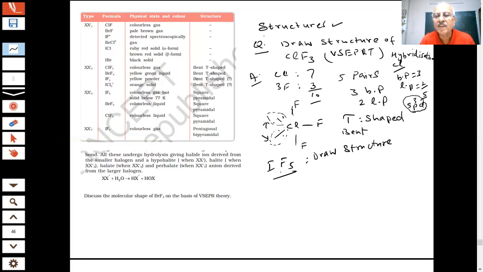If I talk of hybridization in iodine, there are 5 bond pairs and one lone pair, total 6, so sp3d2.